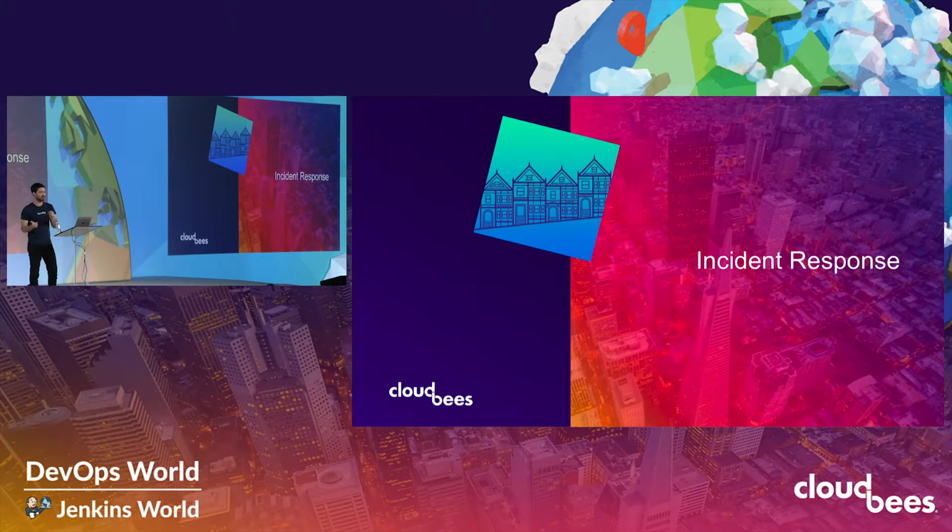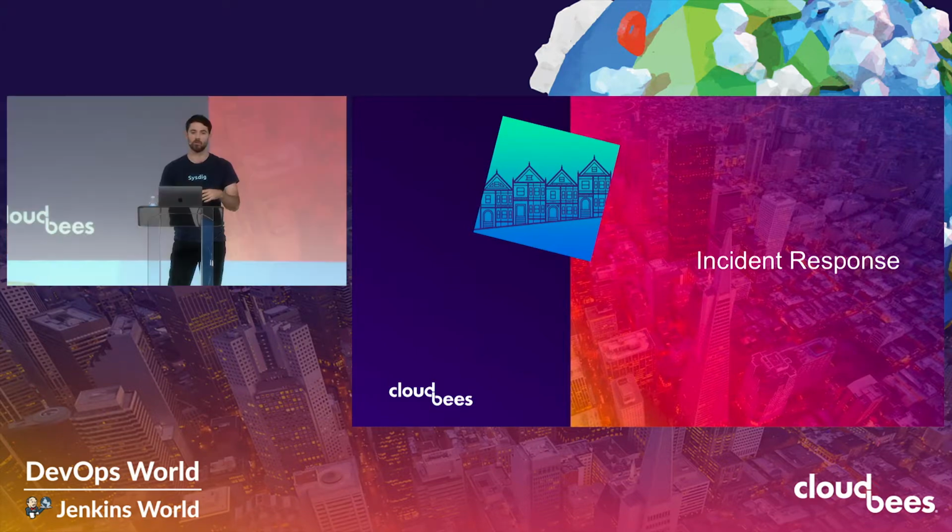And then the last phase of this container lifecycle is incident response. The example that I like to give here is, imagine my laptop is compromised, and before someone from our security team comes, I just decide to throw that laptop out the window. That's basically what Kubernetes is doing with your containers.